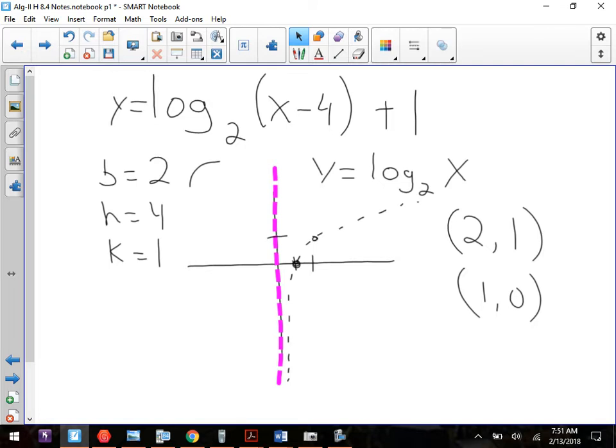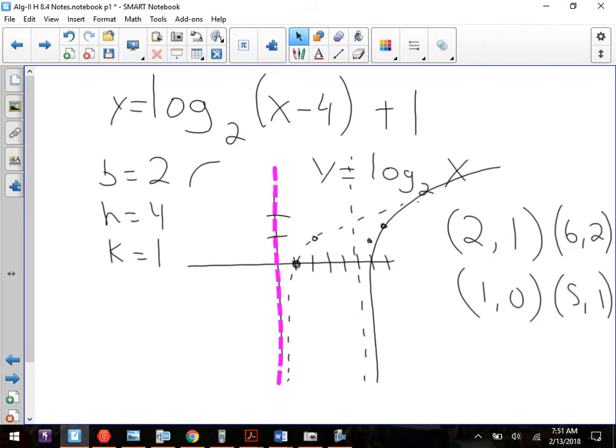And then to those ordered pairs, I have to move them. I've got to go to the right 4 and up 1. So right 4 would be 6, up 1 is 2, so (5, 1). And my new asymptote would be at 4. And away you go.